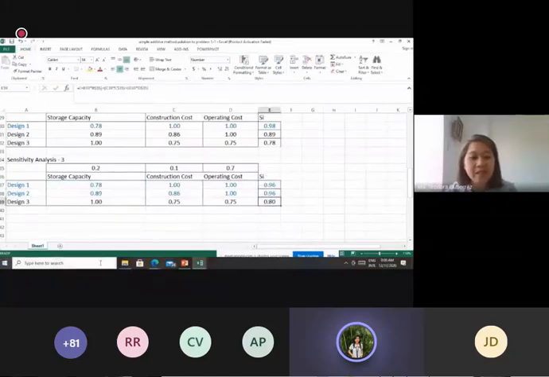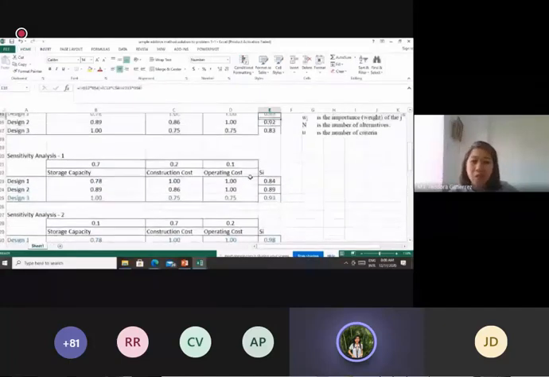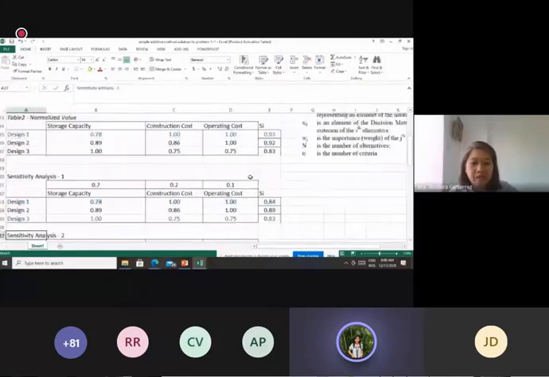So we see that design 1 and 2 win when you prioritize operating cost. So overall, we see the broader picture of our design, and we say that design 1 is more robust than the other designs because design 1 wins in several scenarios.